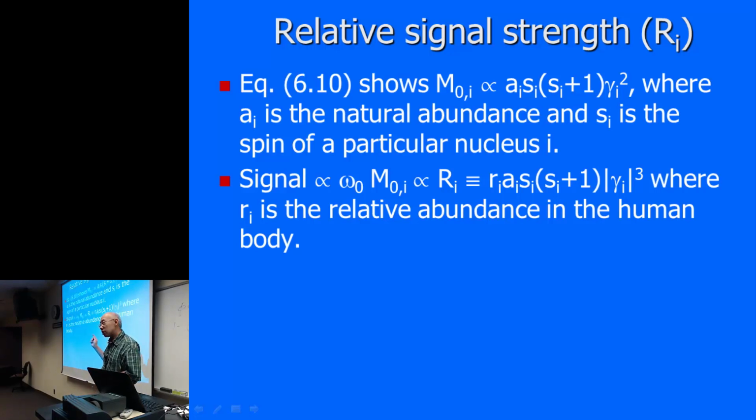Now, if I stop for a minute here, if you think about this for a minute, you may remember I made a remark in chapter 2. I said, for electron imaging, what's the gyromagnetic ratio of electron compared to the gyromagnetic ratio of proton? That's almost 1,000 times bigger for electrons.